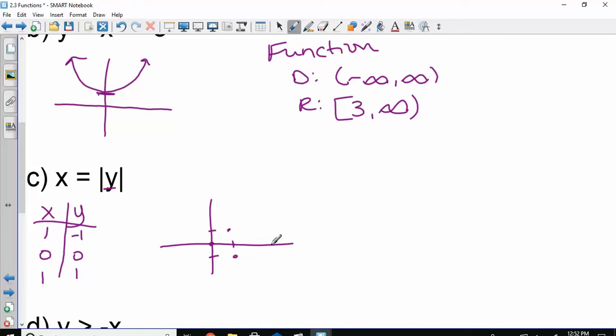It's like a V, but it's kind of flipped on its side. You could always put in more if you weren't sure. You know, if my y was +2, we get out 2. If y is -2, we get out 2. So it's just going to look like this. So is that a function?